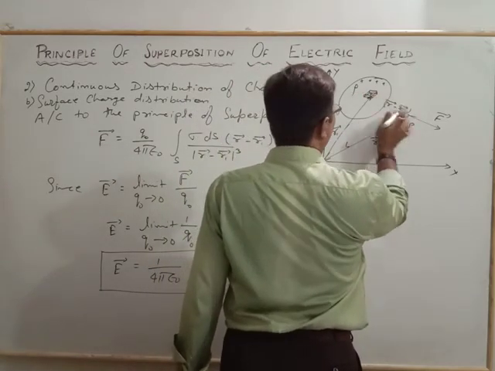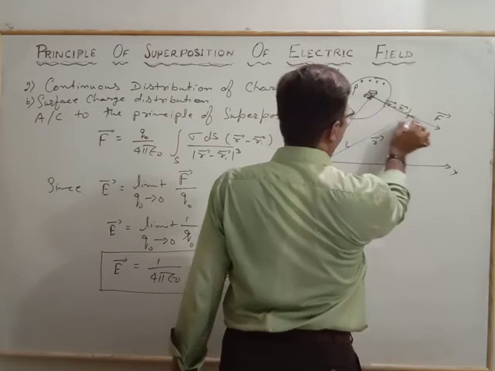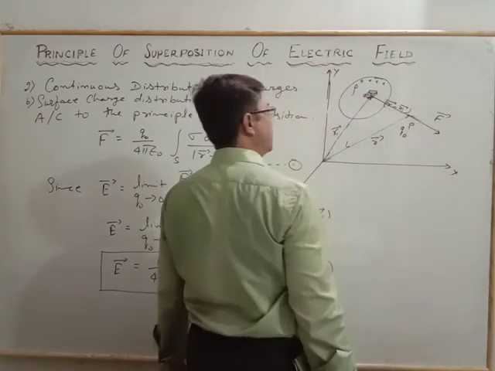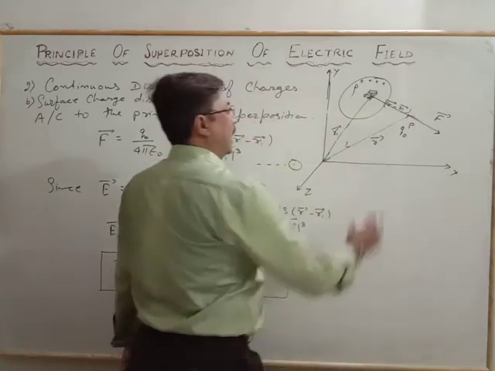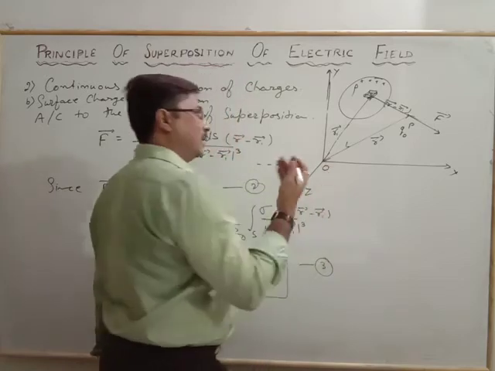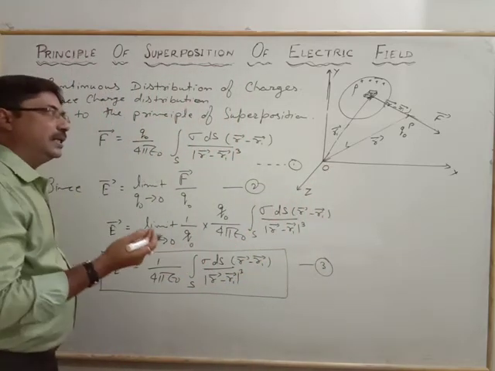And the position from this volume element to the point P is R minus R1, similar to the earlier cases.